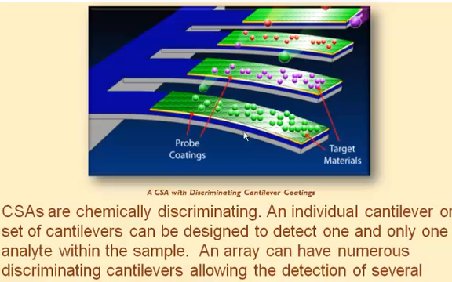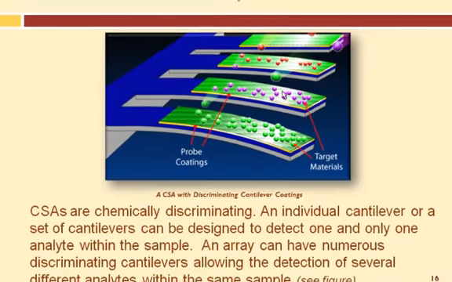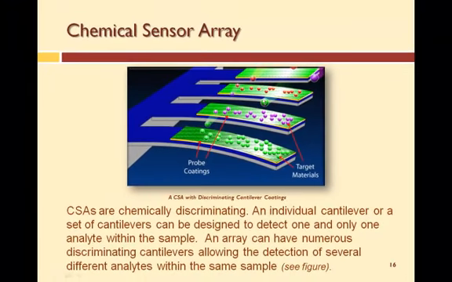And you can discriminate the different materials because the target materials will only stick to the specific probe coatings. So in this case, the first cantilever has a probe coating that likes these green target materials, these green spheres. The next one, only the purple ones stick to that. The purple ones don't stick to any of the other ones. And you get the idea.